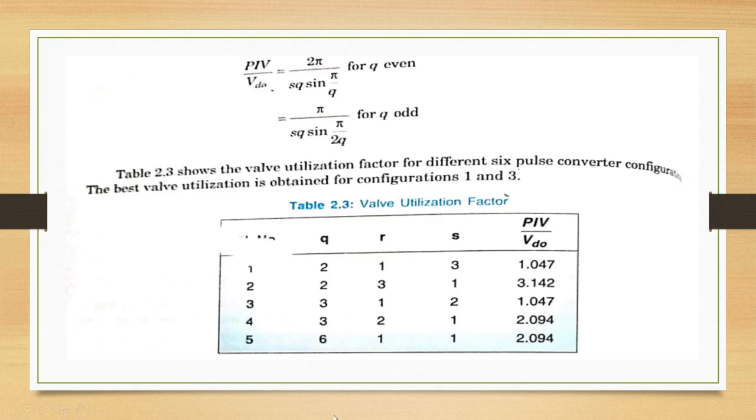The columns are serial number, Q, R, S and PIV by VD0. So for 1, Q is 2, R is 1, S is 3, and this ratio is 1.047. Similarly for the remaining serial numbers, up to 5, we are taking this valve utilization factor.